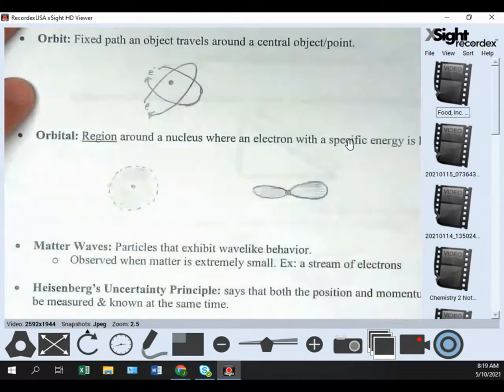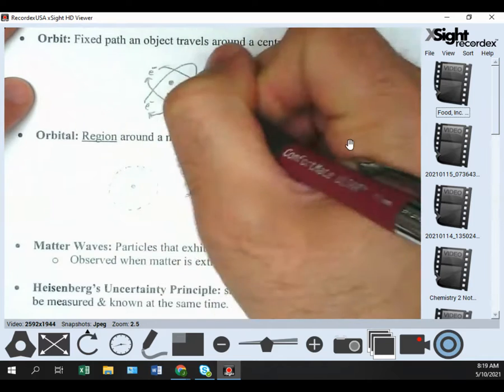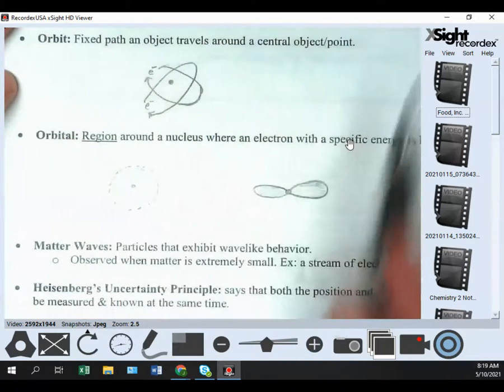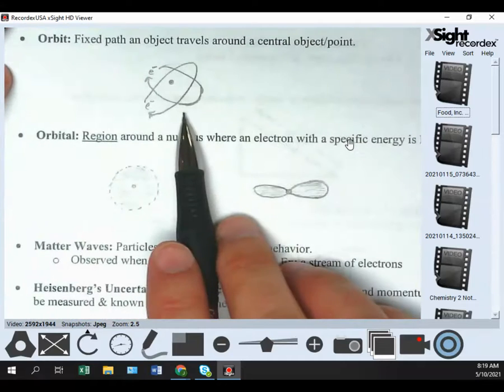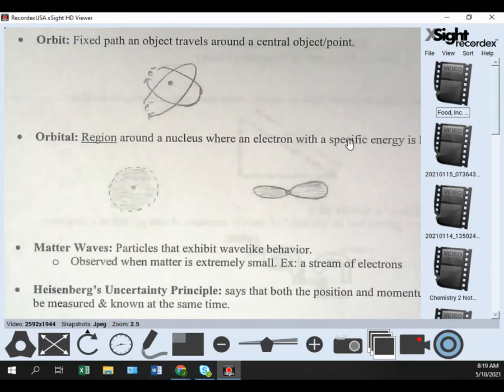This is like the planetary model, where you've got the nucleus in the center and then electrons orbiting around in fixed paths. That would be the idea of an orbit. Like the moon orbits the Earth, or the Earth orbits the sun.